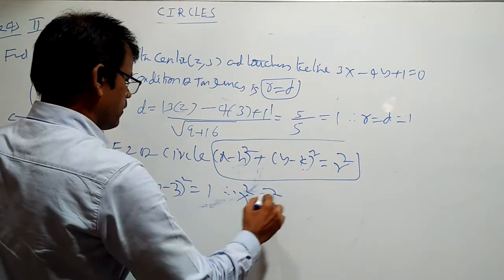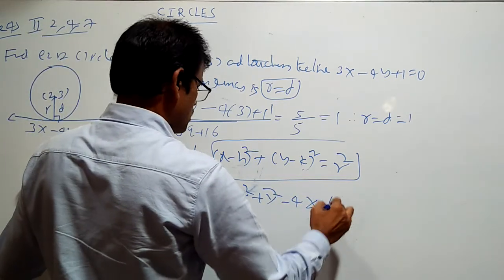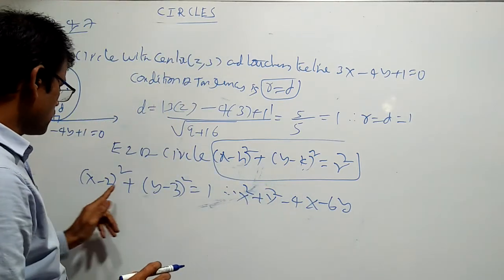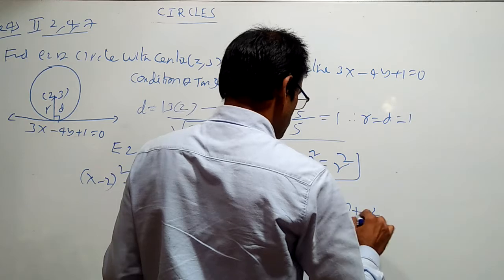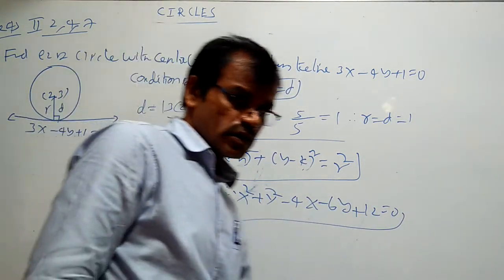Therefore, by expanding this one, x square plus y square minus 4x minus 6y plus 12 equal to 0, because 4 plus 9 is 13, minus 1, plus 12 equal to 0. This is the equation of circle.